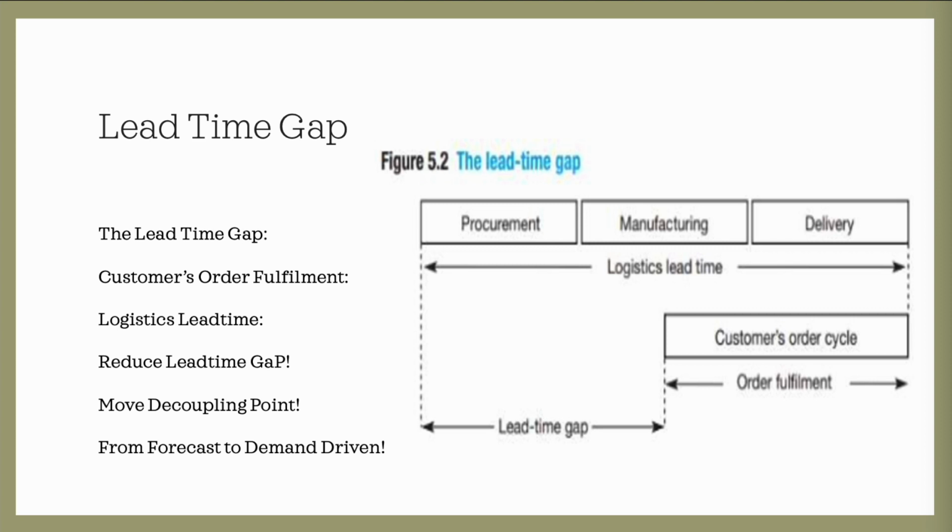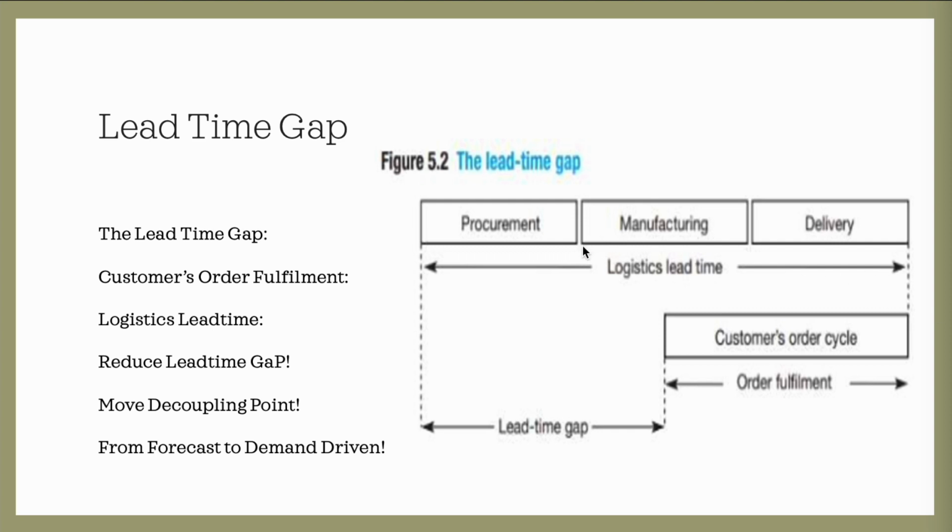Take, for example, the new iPhone. You would be more willing to wait a little bit longer for that to come than if you go to the grocery store and you see your milk is out of stock. Then you will just take another brand of milk because you need that milk today.